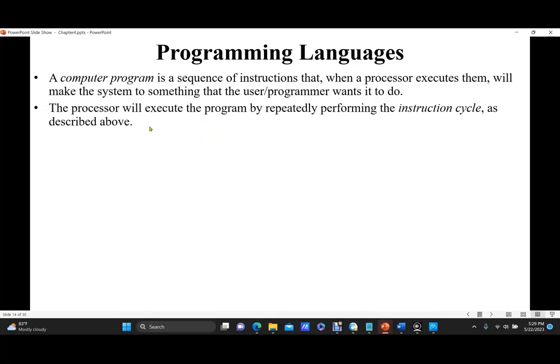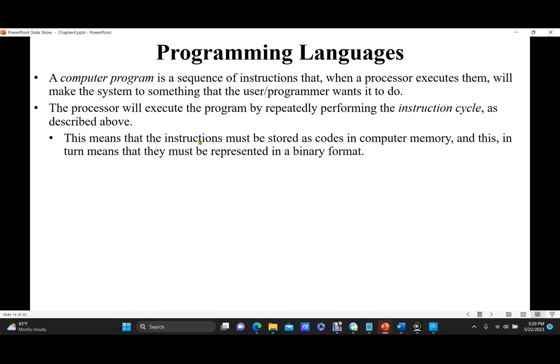The processor executes a program by performing the instruction cycle we just described again and again until it's executed all of the instructions in the sequence.